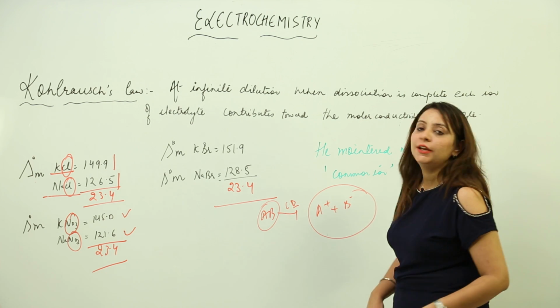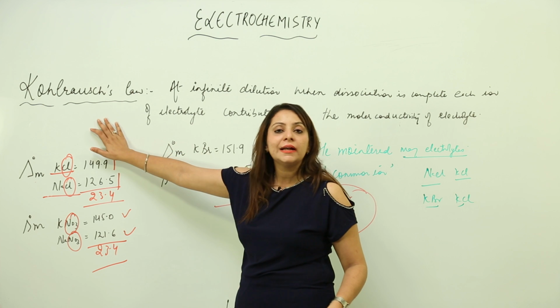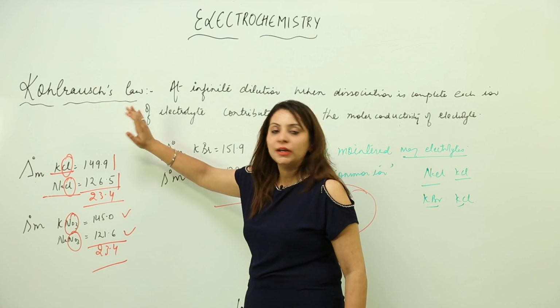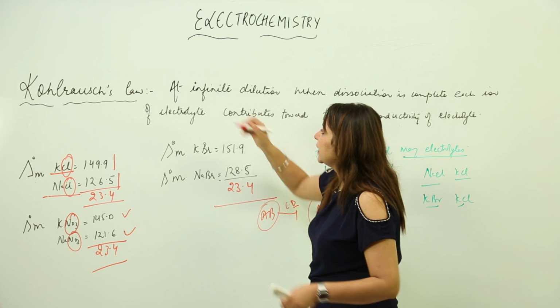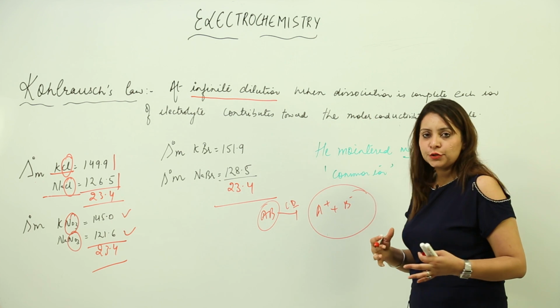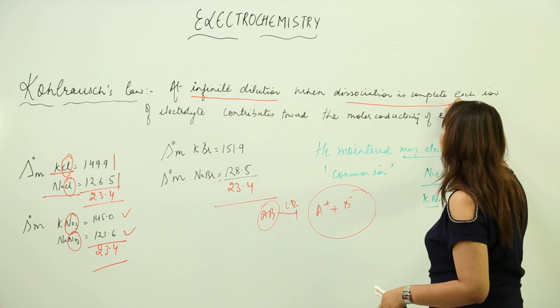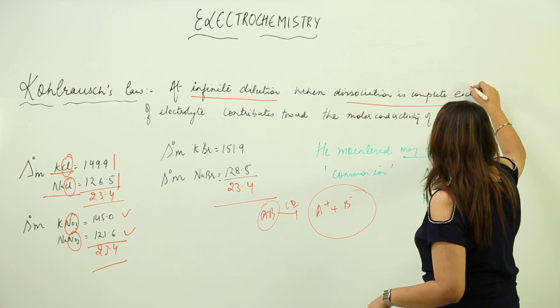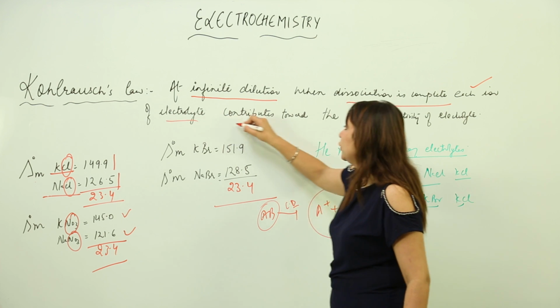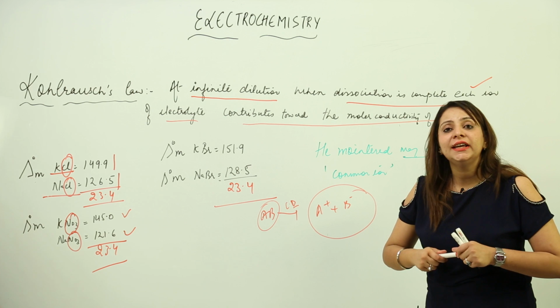These conclusions led to the formulation of this important law, Kohlrausch's Law. So what does it state? It states that at infinite dilution, when you add a large amount of water so that there is low concentration, and the dissociation is complete, then each ion of the electrolyte contributes towards the molar conductivity of the electrolyte.